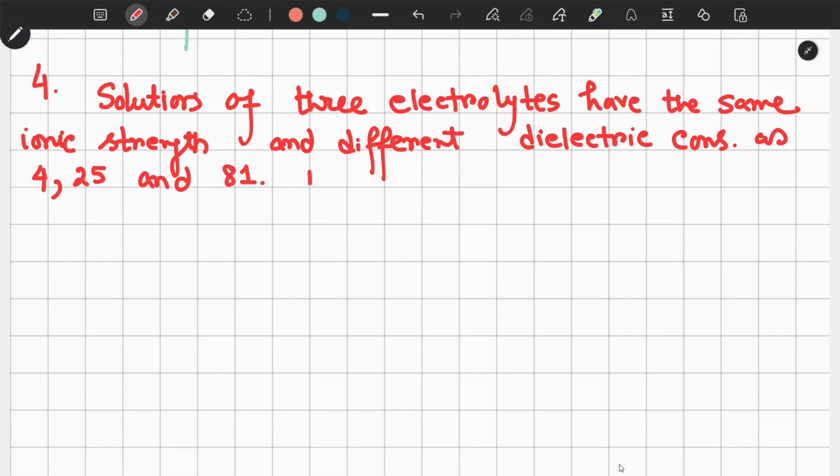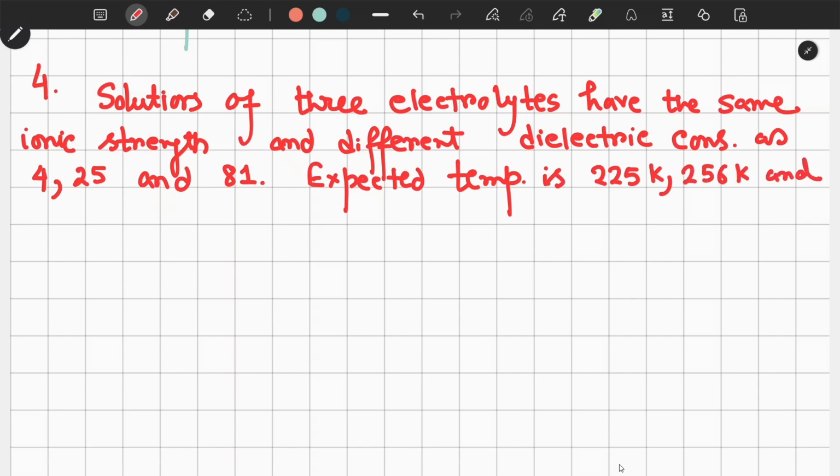The temperatures are 225 Kelvin, 256 Kelvin, and 298 Kelvin.